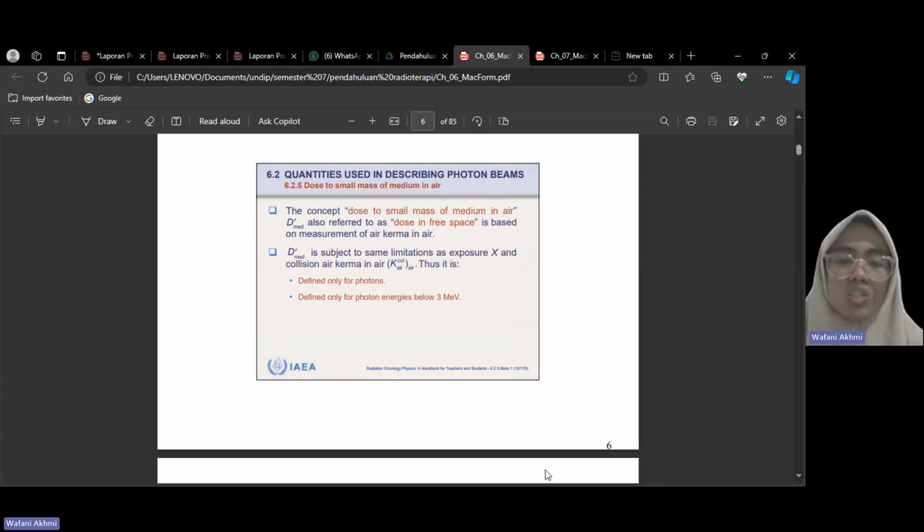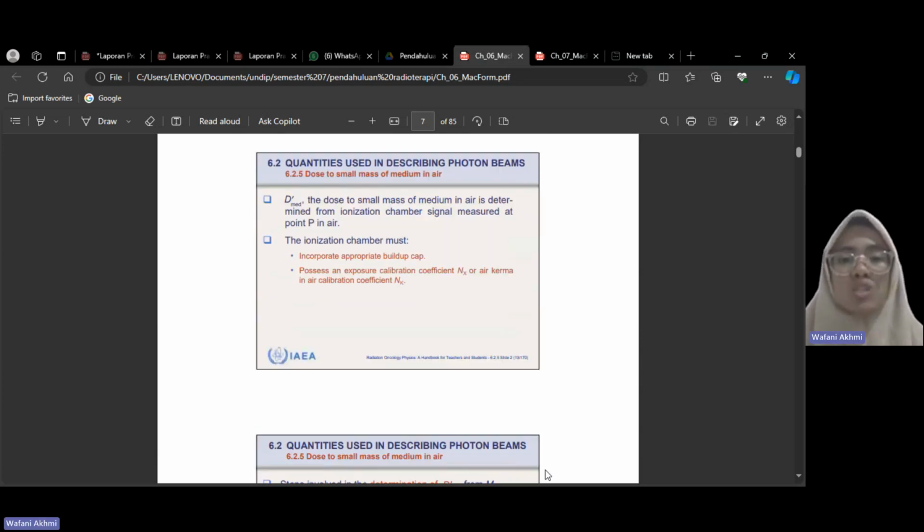The concept of dose to small mass of medium in air, also referred to as dose in free space, is based on measurement of air kerma in air. D-prime med is subject to the same limitation as exposure X and collision kerma in air. Thus, it is defined only for photons, defined only for photon energy below 3 mega electron volt.